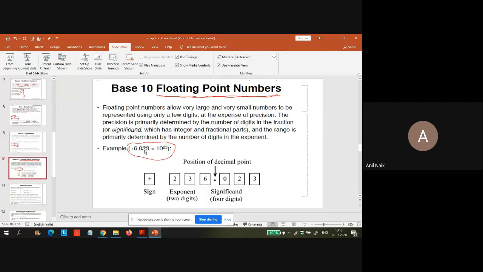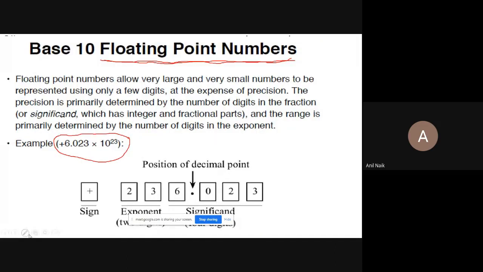Such a large number we can represent because here we are adjusting the decimal point. That is the advantage of floating point numbers.